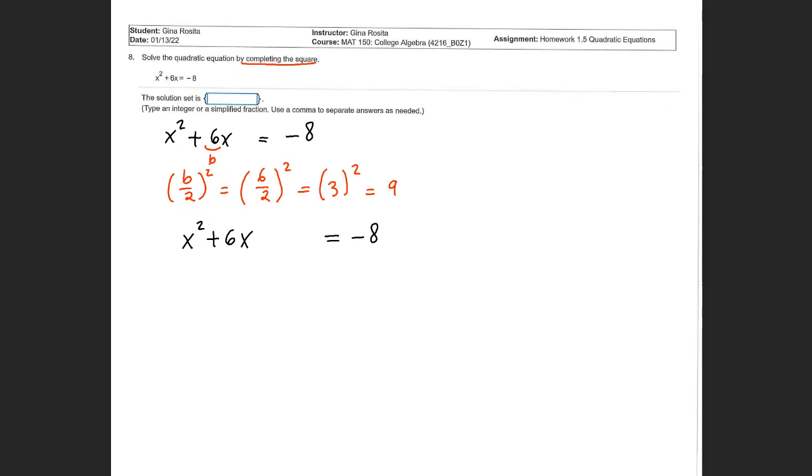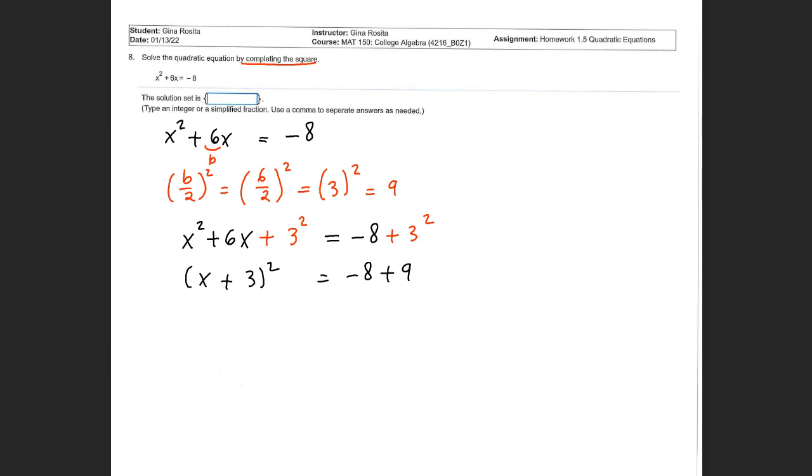So now I put plus 3 squared, plus 3 squared. Look again at the formula, remember chapters 6 and 7. For this one, I can write x plus 3 squared, equal negative 8 plus 3 squared, which is 9.